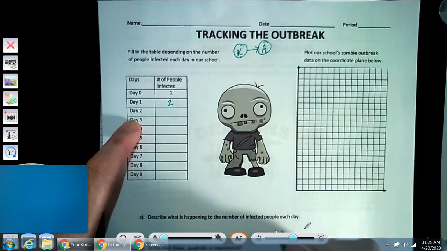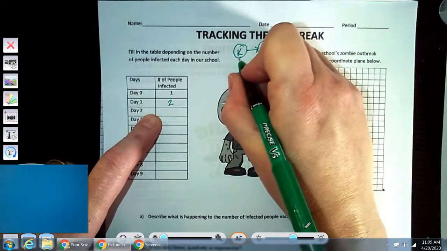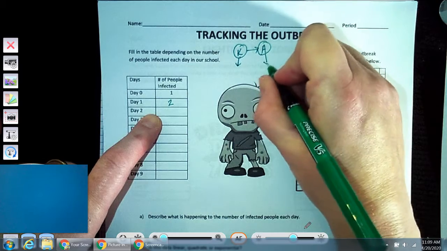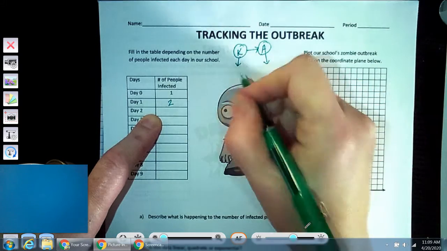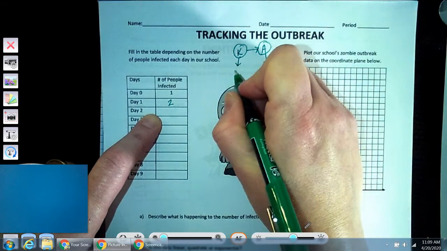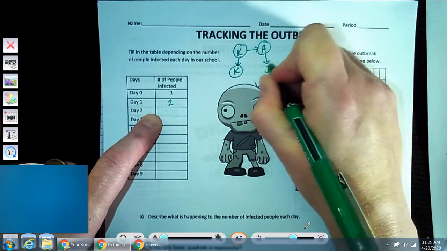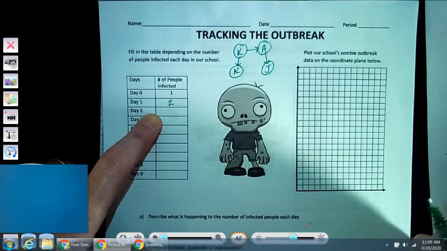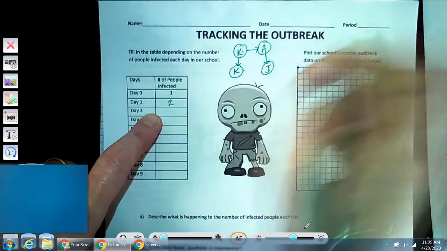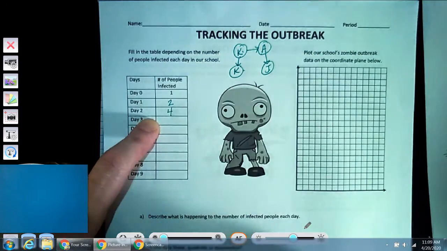On day 2, I'm going to infect someone, and Amari's going to infect someone. Let's say I infect Casey, and Amari infects Josiah. Now how many zombies do we have? 1, 2, 3, 4. 4 zombies total.